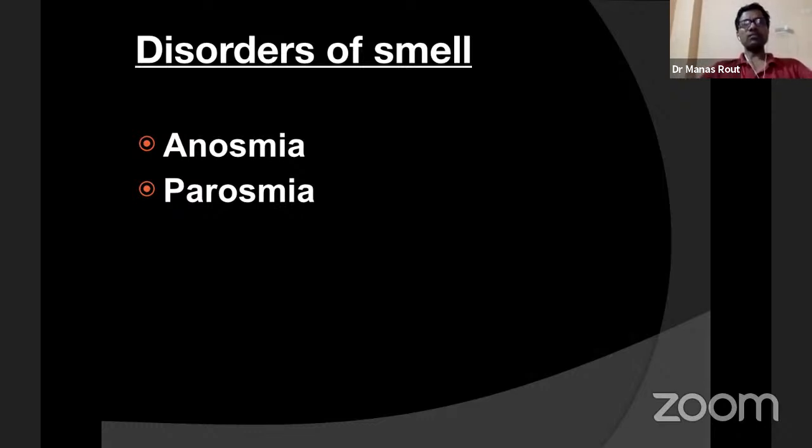For example, you give a flower to a person to smell, and he will feel that it's a very ugly thing with a very bad smell. That is called cacosmia. Sometimes it happens in coronavirus infection also. Some people have disturbance in smell, either parosmia, or some people perceive a very bad smell, which is called cacosmia.